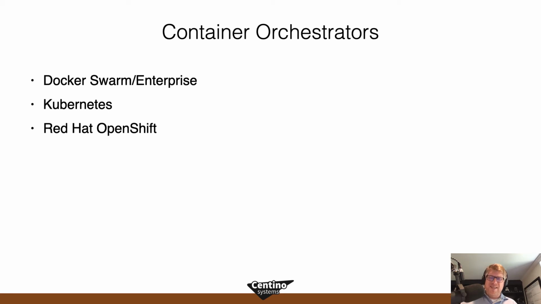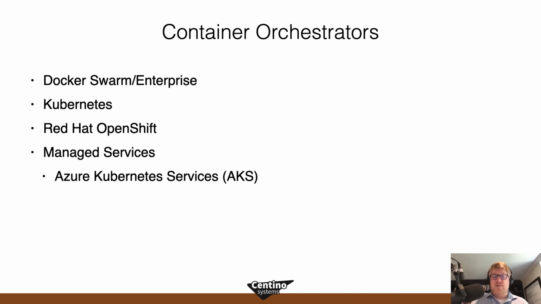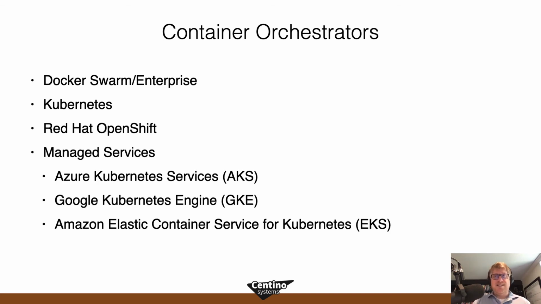So OpenShift is basically Kubernetes, but for sale from Red Hat so that you can have support contracts and things like that if that's required for your industry. Now, in addition to OpenShift and Kubernetes on-prem, we have managed services in the cloud. So we have Azure Kubernetes Service, which we're going to focus on today. We also have GKE and EKS and many other variants of this, but these are the core services from each of the cloud providers that you might be familiar with.